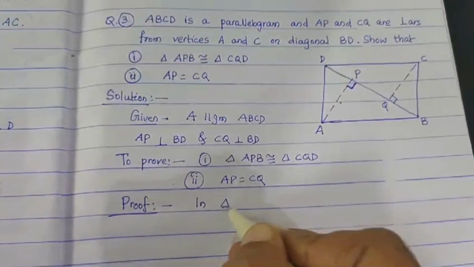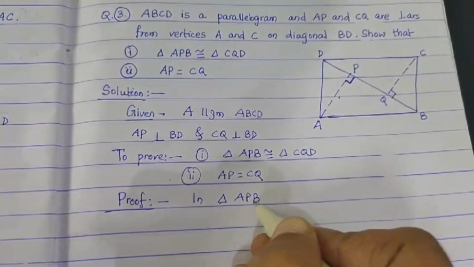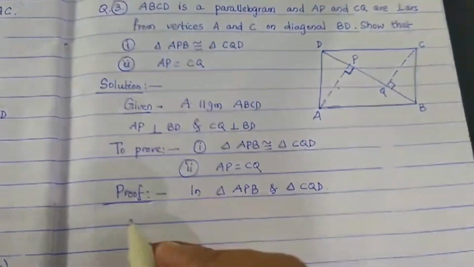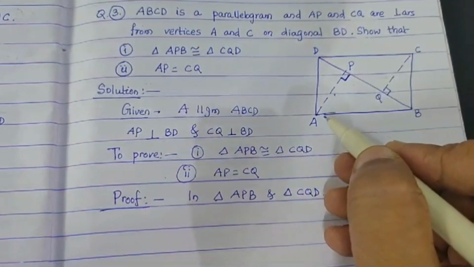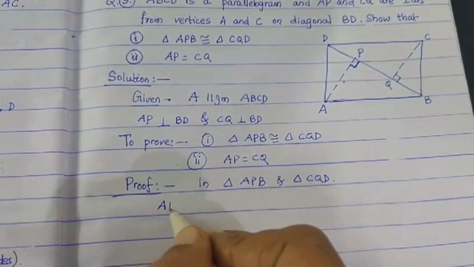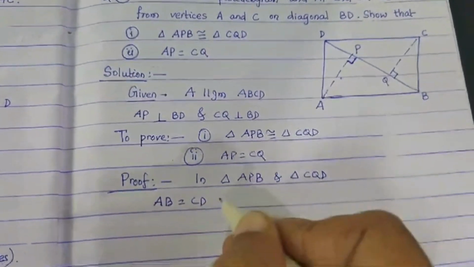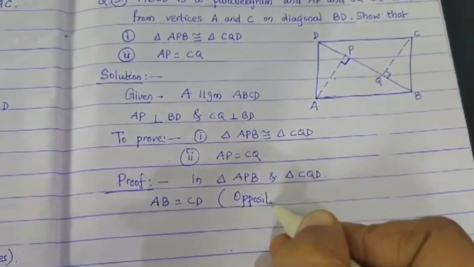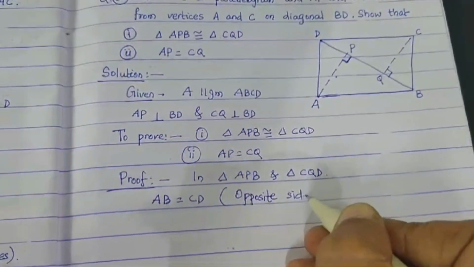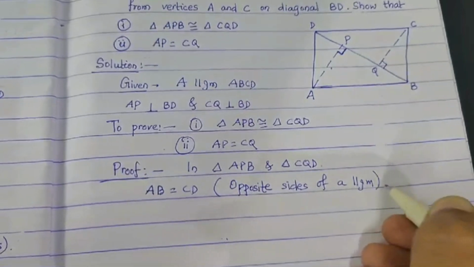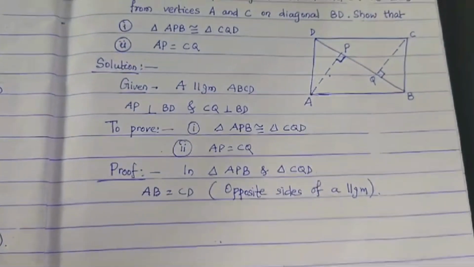In triangle APB and triangle CQD, what we have? We have AB is equal to CD. How? These are the opposite sides of a parallelogram, and we know that opposite sides of a parallelogram are equal.